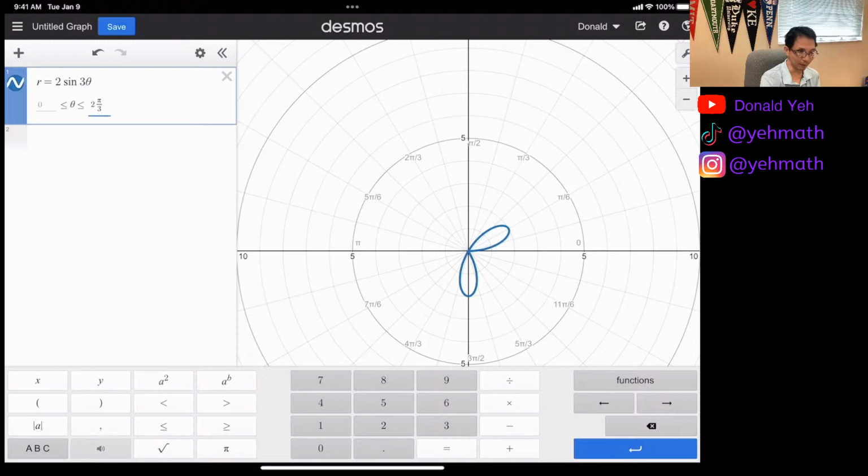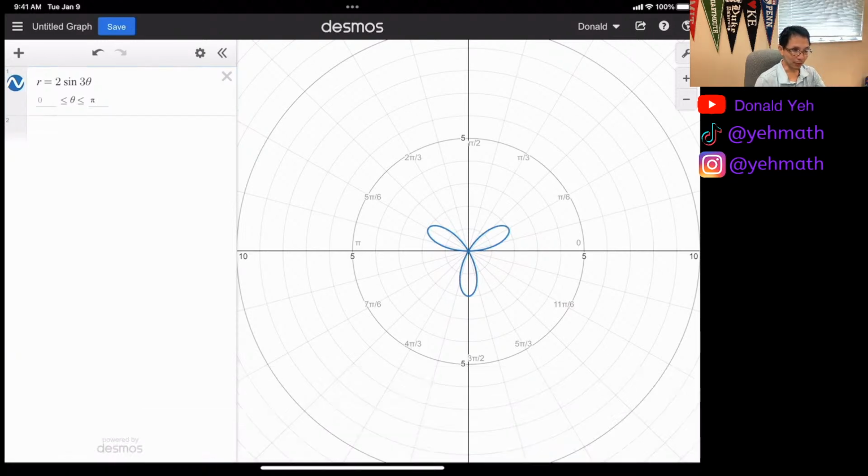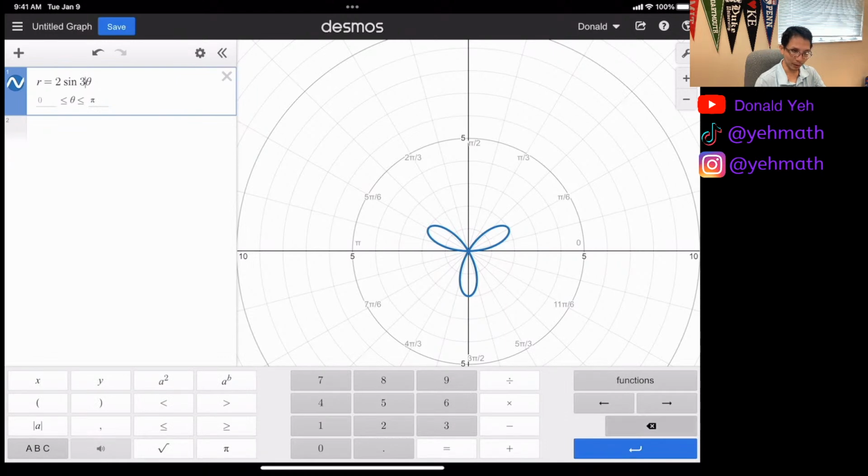So you see that pi is going to give you exactly 3 paddles. So when you want to find area inside of things, you don't want to do 0 to 2 pi, even though it seems like it went down to 2 pi, but it's not. So let's go to the even one. I'll show you the even one. So the even one is 2, right? But do you see that 0 to pi only finishes halfway, right?